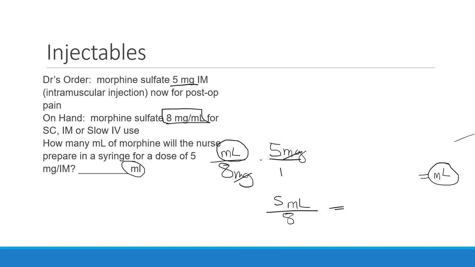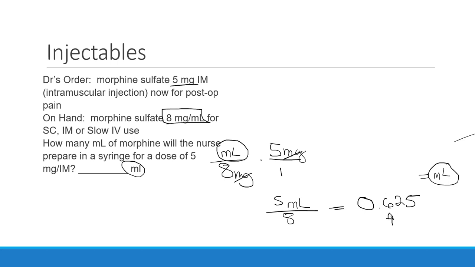So our answer is 0.625. Using our rounding rules, I'm going to round to the tenths place. So right here is the tenths place. That is my tenths place.